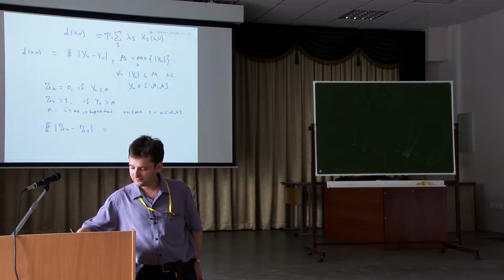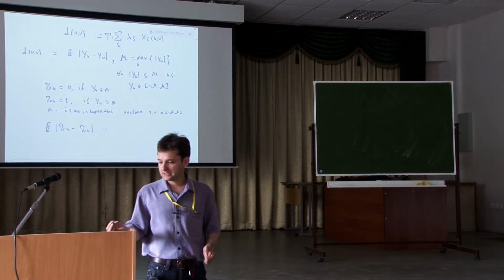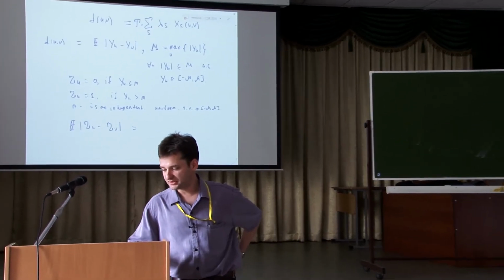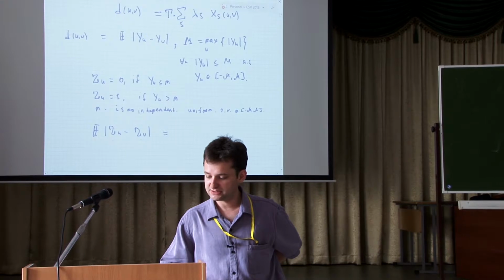If we fix values of variables yu and yv, but don't fix m, what's the probability? The value of Zu minus Zv can always be either 0 or 1, because Zu and Zv take values 0 and 1.